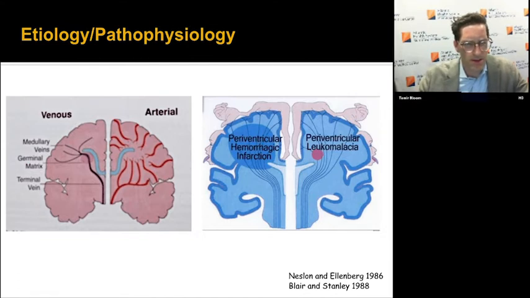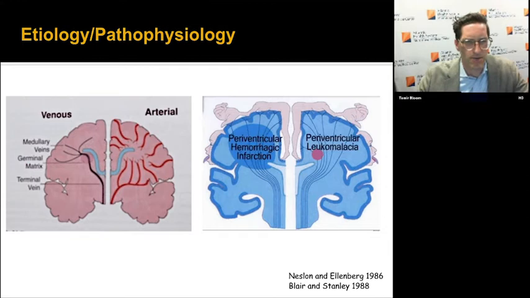And if you remember back to medical school, there are corticospinal tracts that traverse this region and give rise to the motor homunculus, the lower extremity as shown here, as well as the upper extremity.